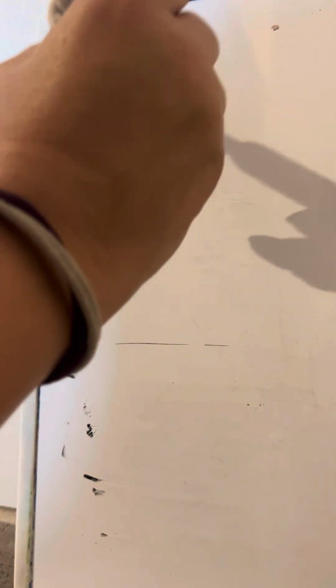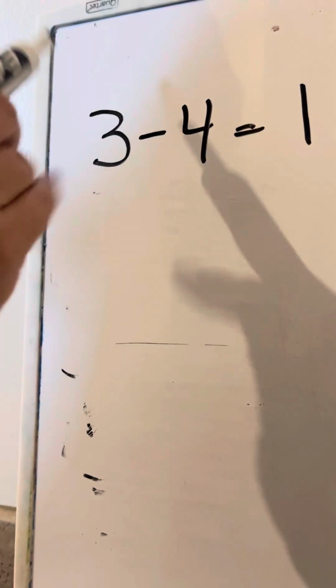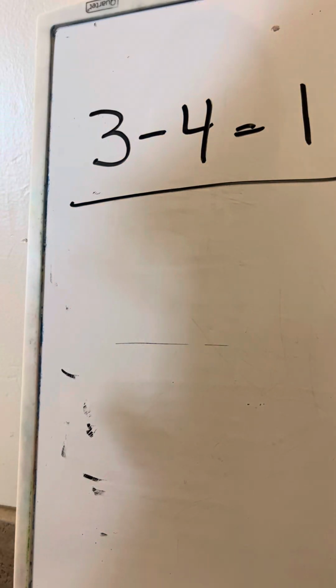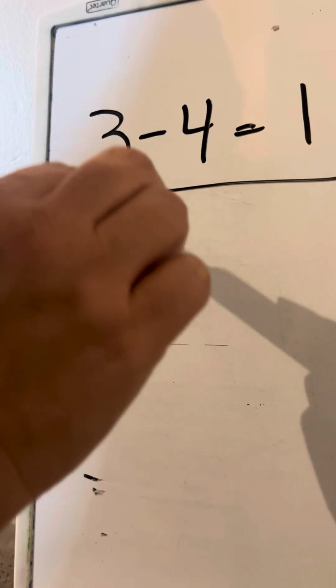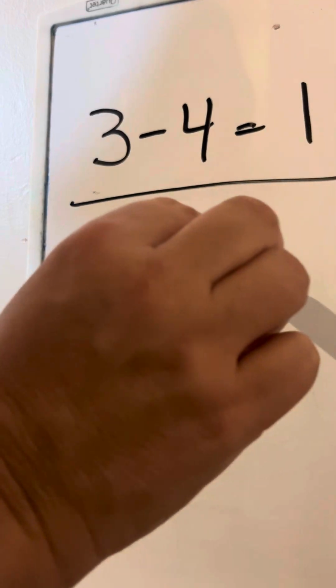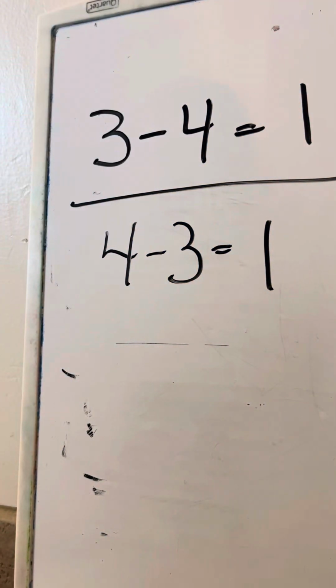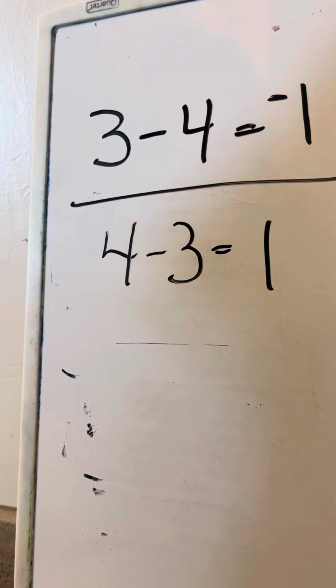First, we have to see that this is not written correctly for a regular math problem. We usually flip it and turn it into 4 minus 3 equals 1, because 3 minus 4 is -1, and none of the students have been taught about -1.